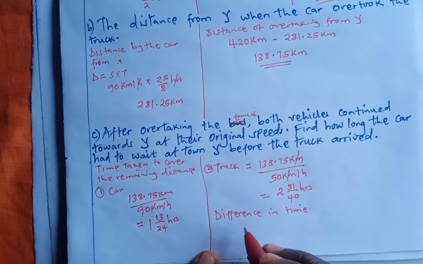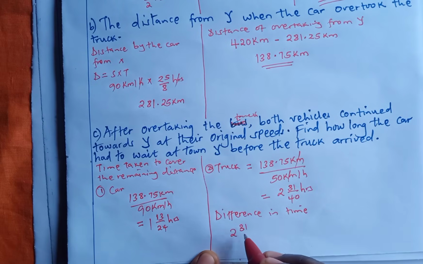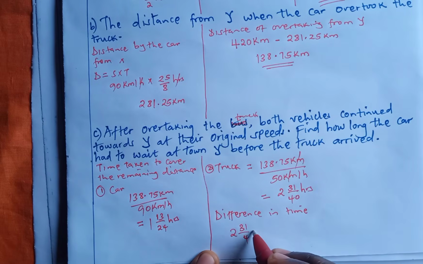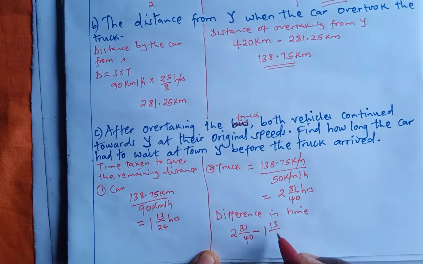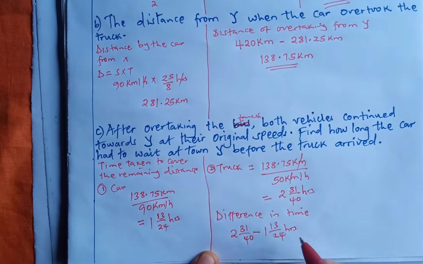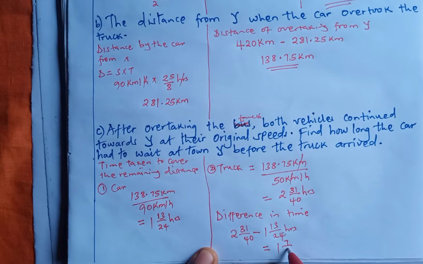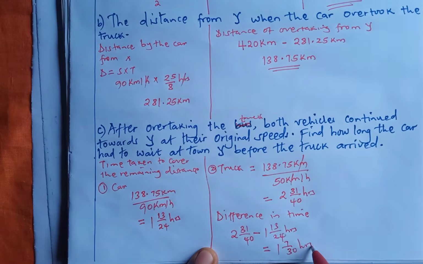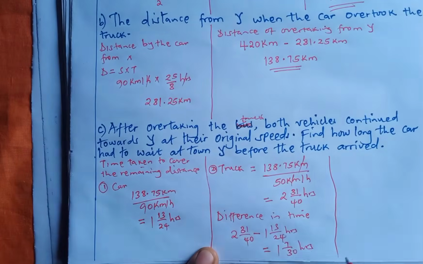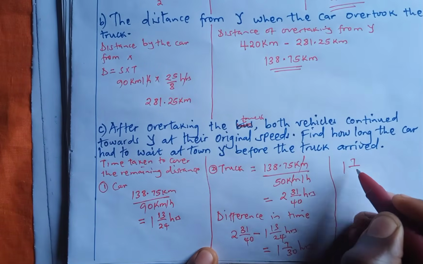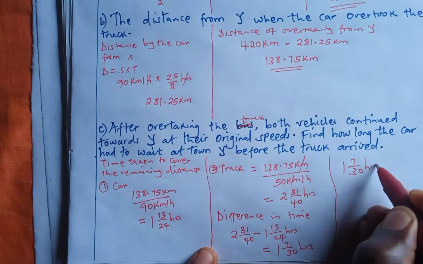So the time difference is going to be 2 31/40 hours, we take away 1 13/24 hours. This will generate a difference of 17/30 hours.